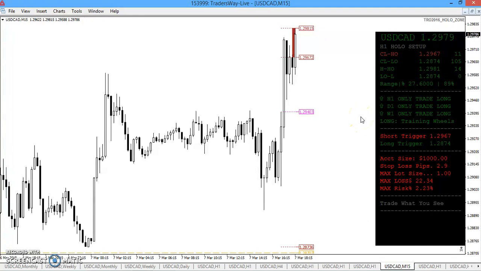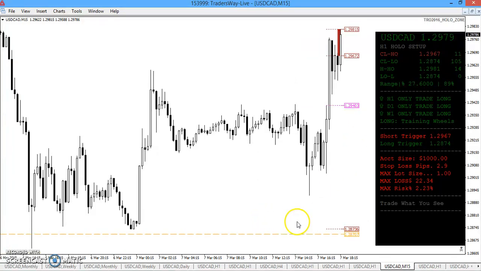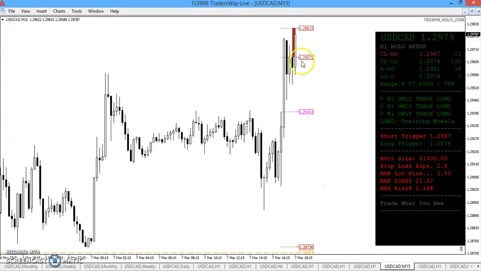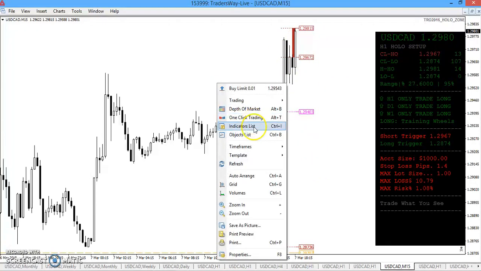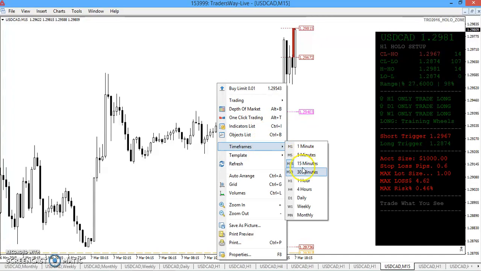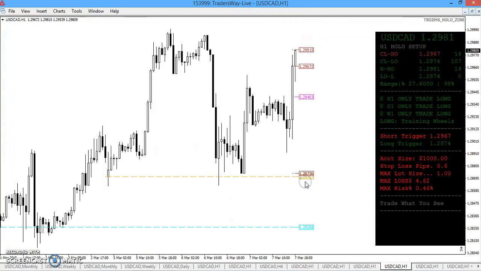Okay, and we've got the holo zone. You can see here, we put it in. Came out, but now there we go again. Back into the holo zone. And you can see right here, there wasn't much of a downward zone here.